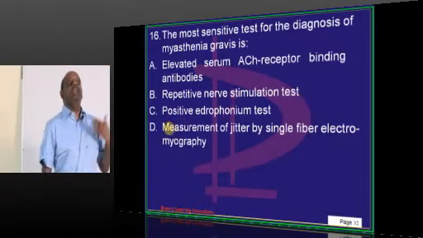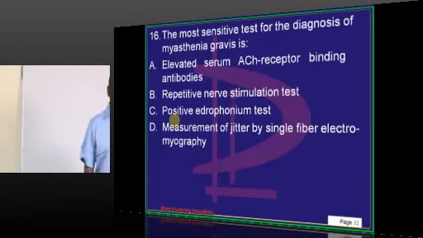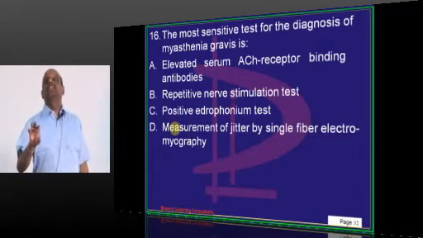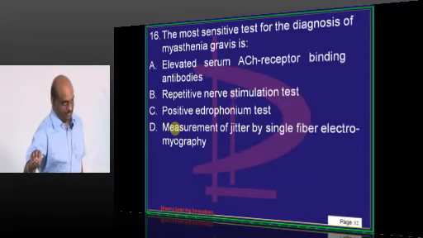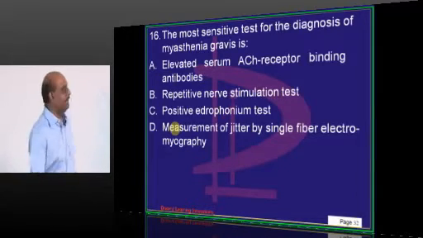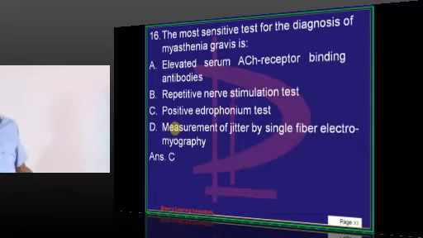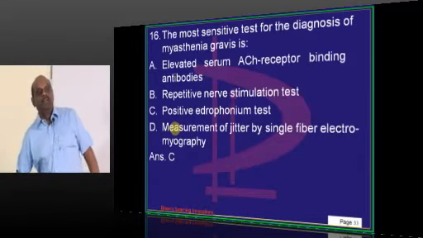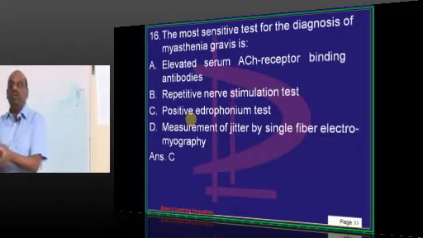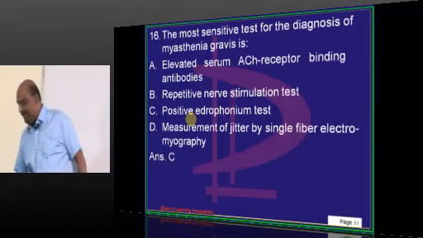That is the idea of increasing acetylcholine. With high acetylcholine, even few receptors can be filled. That's the idea. Okay, so what is the answer? Give one big clap with all the story. Positive edrophonium test is what you need to remember.